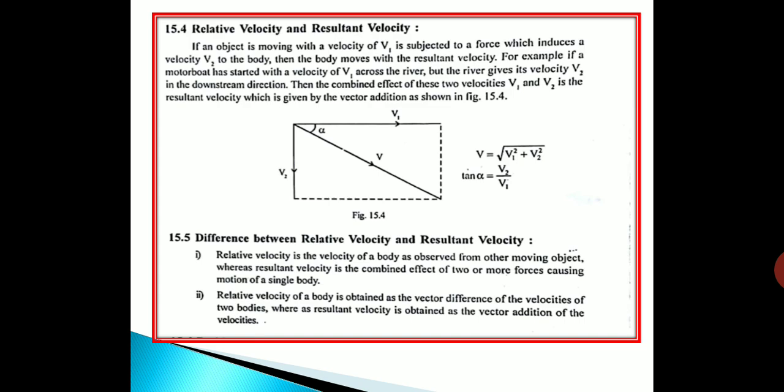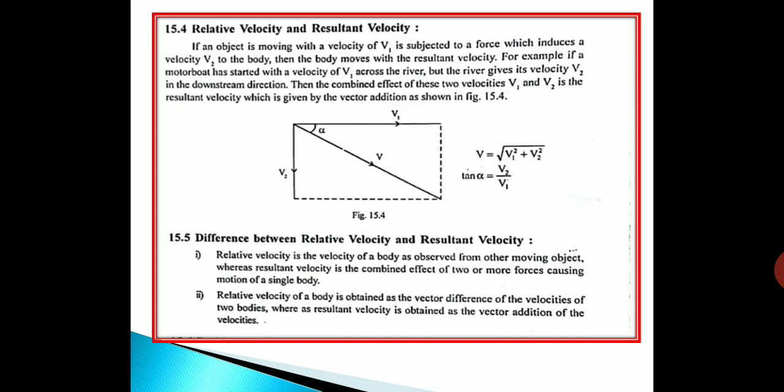One is relative velocity. Relative velocity, again I am defining, is the velocity of one object with respect to another object, whereas resultant velocity is the combined effect of more than one velocity. So now just briefly let us see what the differences are. Relative velocity is the velocity of a body as observed from a moving object, whereas resultant velocity is the combined effect of two or more forces causing motion in the same body.